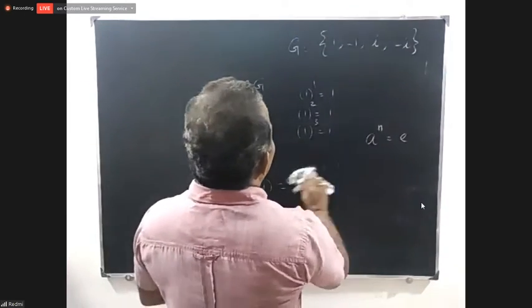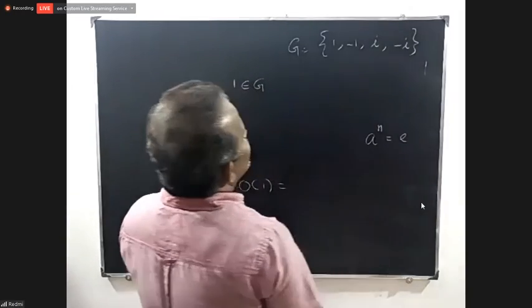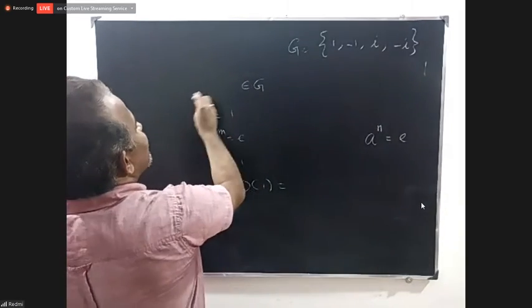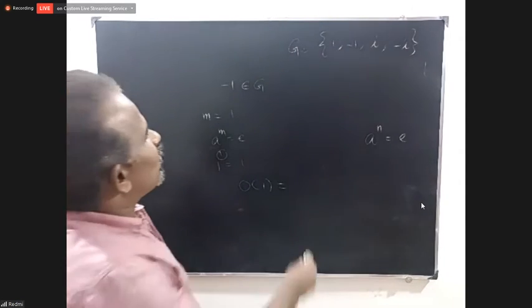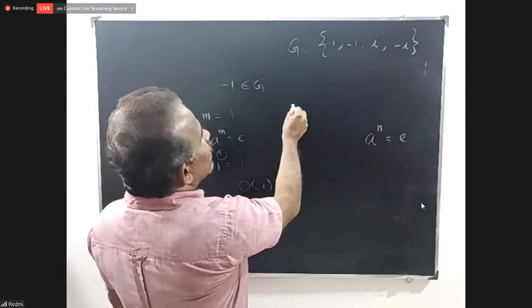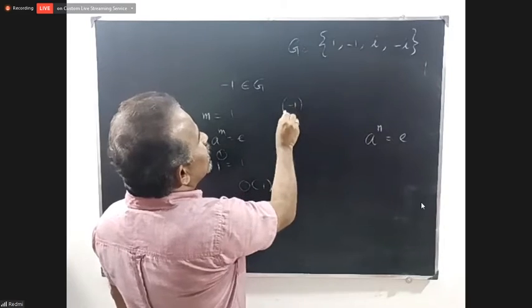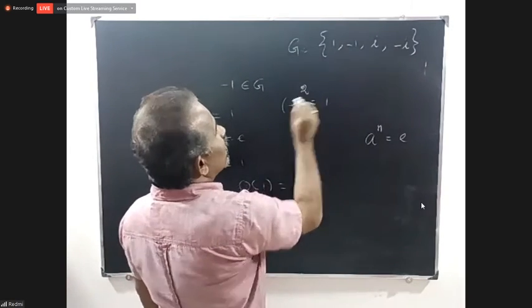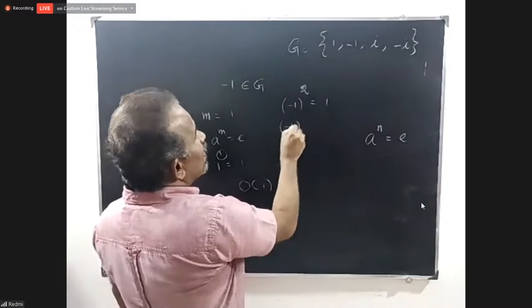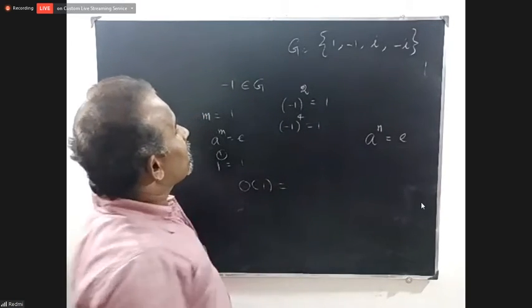Similarly, suppose a is equal to minus 1. Then minus 1 power 2 is equal to 1, then minus 1 power 4 is equal to 1.